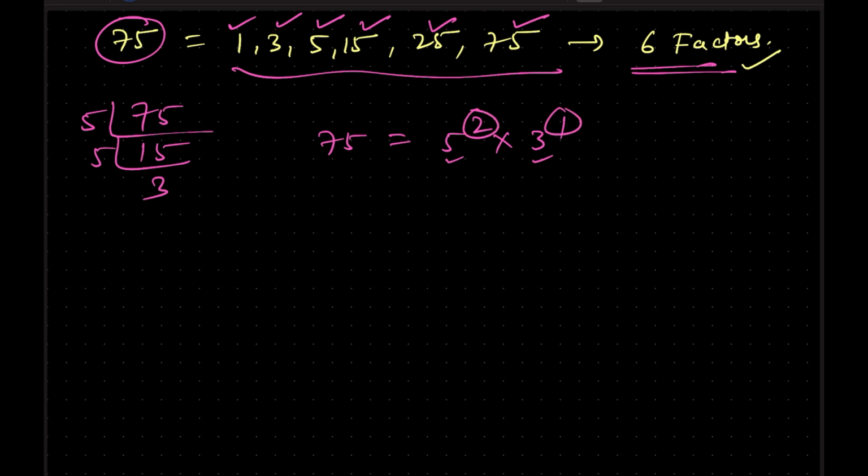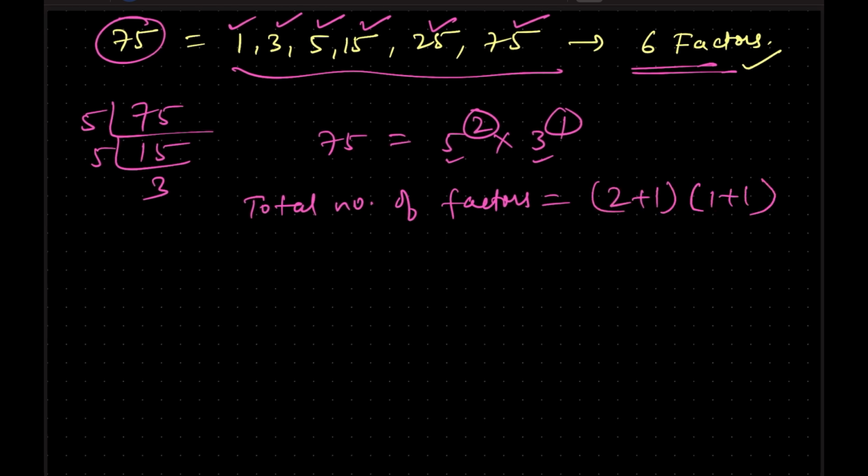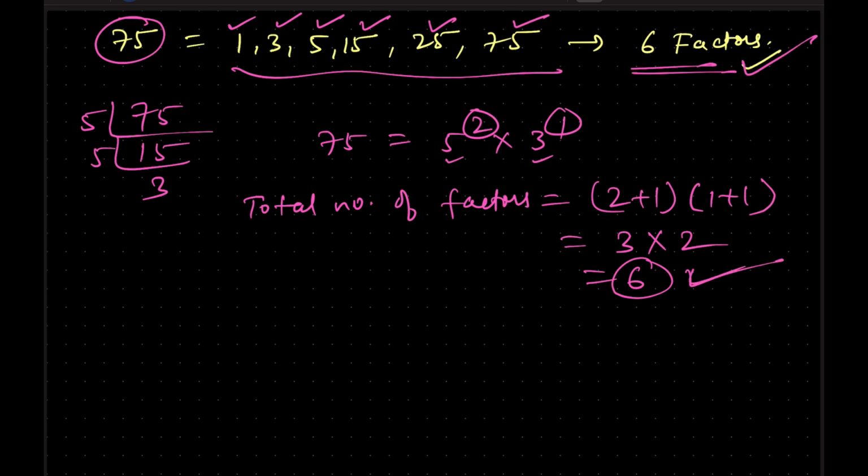If we find the total number of factors, it is (2 plus 1) into (1 plus 1), which is 3 into 2, 6. You can verify this. We have seen the 6 factors, and by this formula also we get 6.